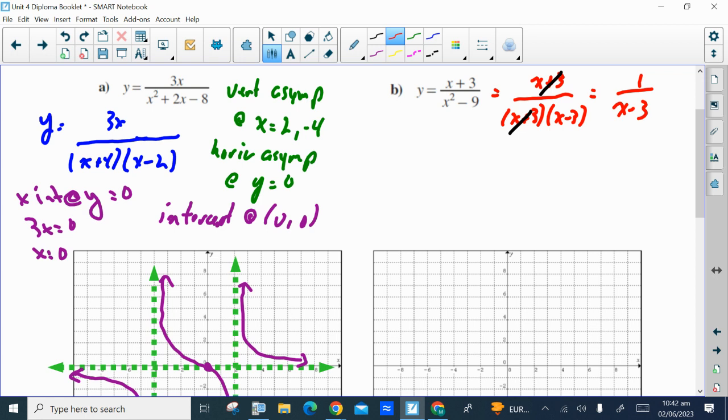And because the x + 3's cancel, that means that we would have a point of discontinuity at x equals negative 3, because the factor of x + 3 canceled. And to find out what the y value is, we'll let x equal negative 3 in the simplified expression. On the denominator, negative 3 take away 3 is negative 6. So the point of discontinuity is (-3, -1/6).